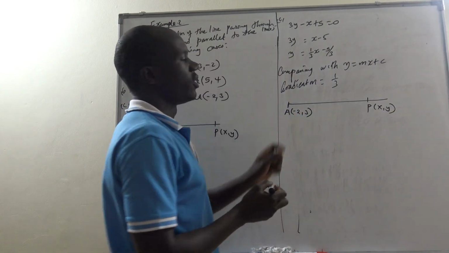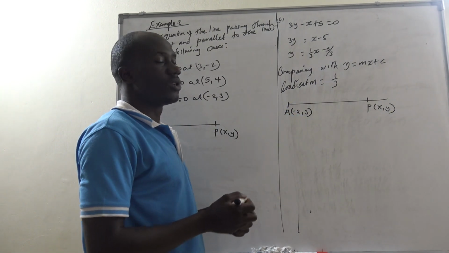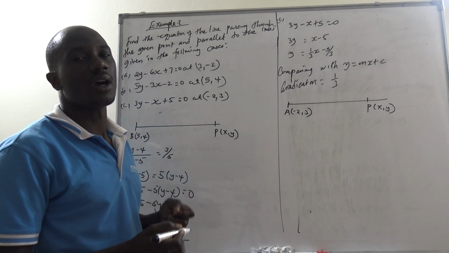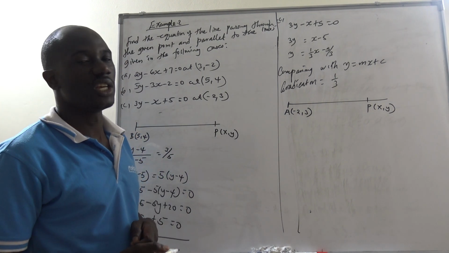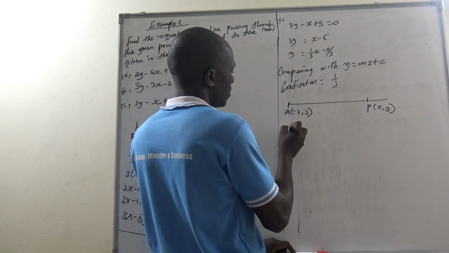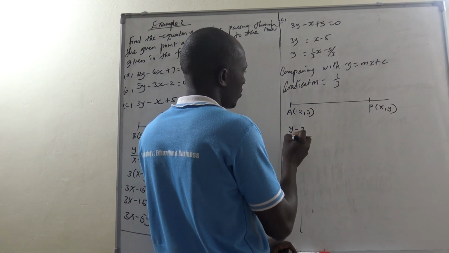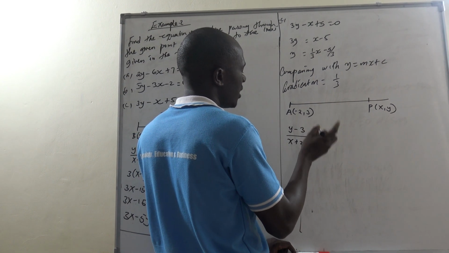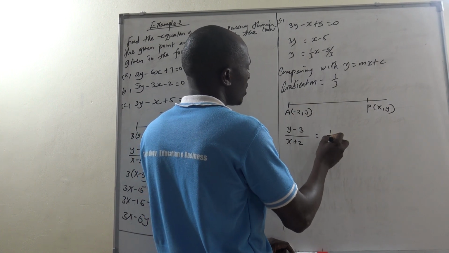So how do we get the gradient of the line AP? We said gradient is change in y coordinate over change in x coordinate, which becomes y minus 3 over x plus 2, which is equal to a third.